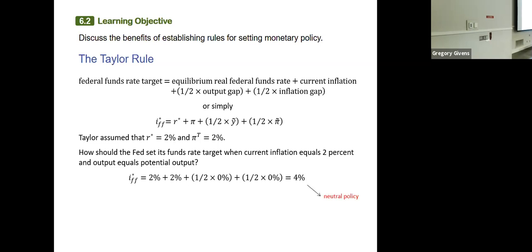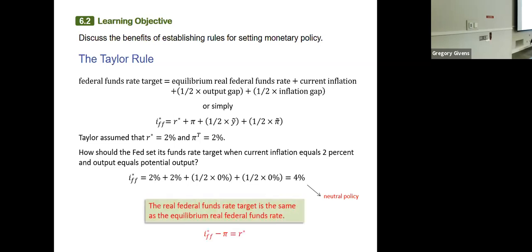This is what we refer to as a neutral stance of monetary policy. And let me be clear about what I mean by that. We say that the stance of monetary policy is neutral if the real federal funds rate is exactly equal to the equilibrium real funds rate, R star, okay?